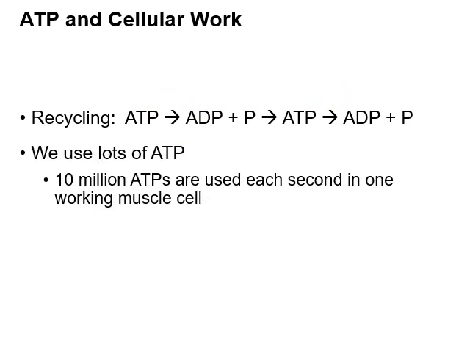For instance, inside of one working muscle cell, every time that muscle cell is actually working and contracting, 10 million ATPs are being used per second. So think of your heart. There are thousands and thousands of muscle cells inside of your heart, and each one of them is using 10 million ATPs each second.